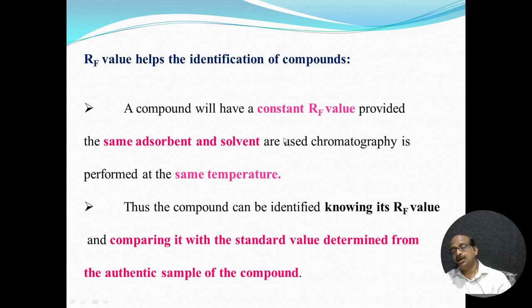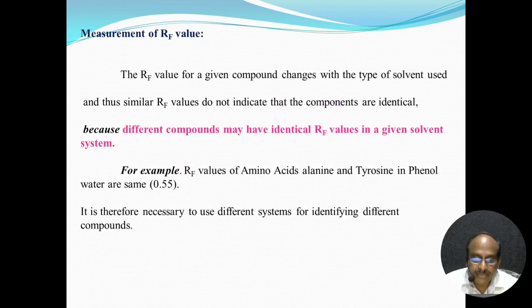Suppose the RF value is different, then definitely some parameters are not the same. So a constant RF value is obtained with the same adsorbent, same solvent and same temperature. By knowing the RF value, we compare it with standard values to identify the component. In the measurement of the RF value, we have to note which type of solvent was used.